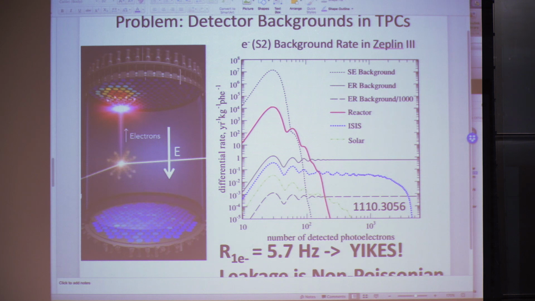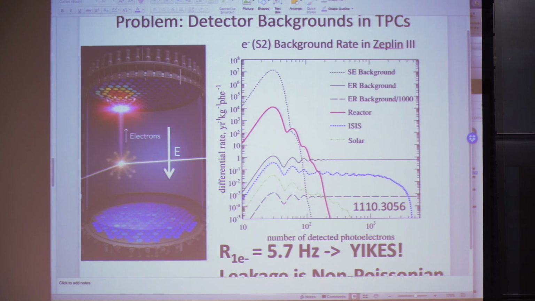So that's one possibility. Another possibility is that we have this interface between xenon gas and xenon liquid. And maybe electrons are getting stuck at that interface. And they're just sitting there. And we know some of them are, because they believe that something like only 2/3 of the electrons are actually getting across into the gas.